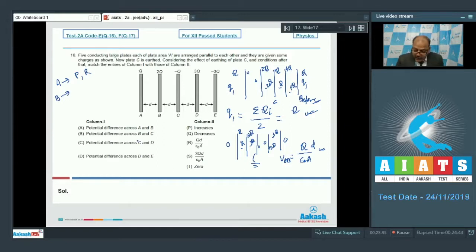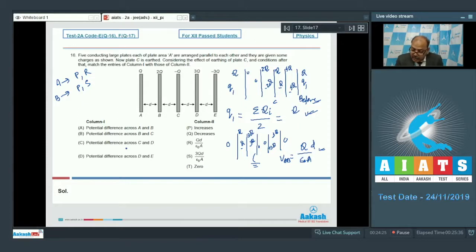For B, potential difference across B and C. Initially, it was the potential difference corresponding to charge 2Q, and finally, it is corresponding to charge 3Q after earthing. So potential difference increases. So that means for B, we have again P. The new value of potential difference will become 3Q by epsilon naught A by D. So that means it matches also with S. Let's look at entry C of column 1.